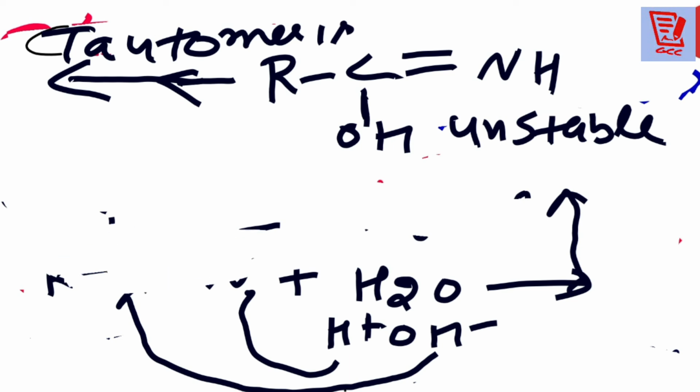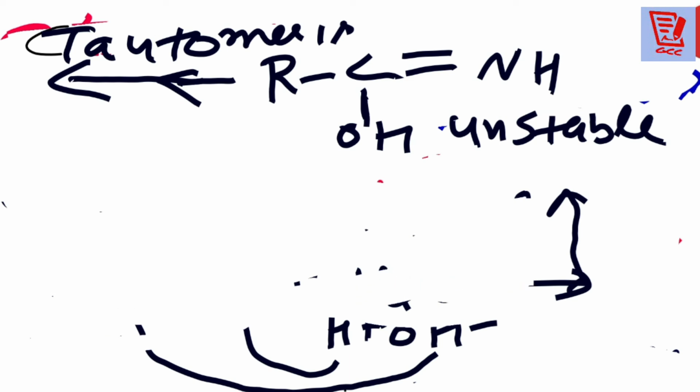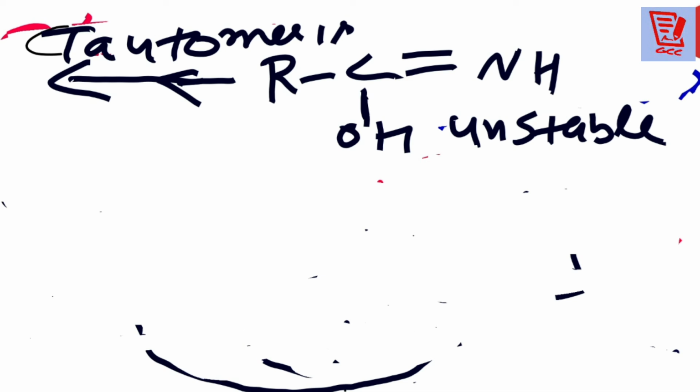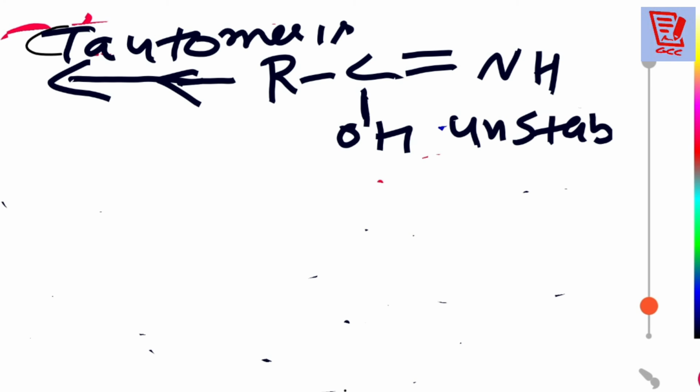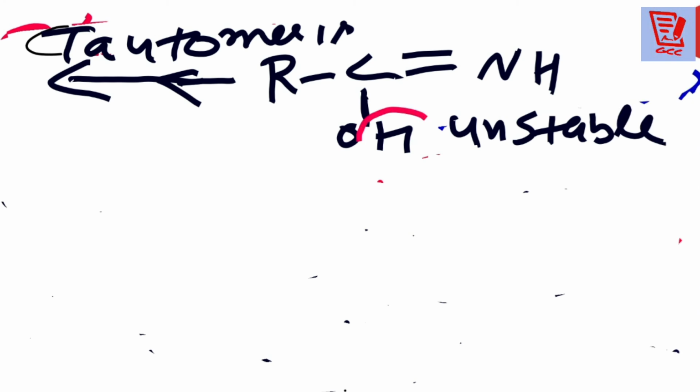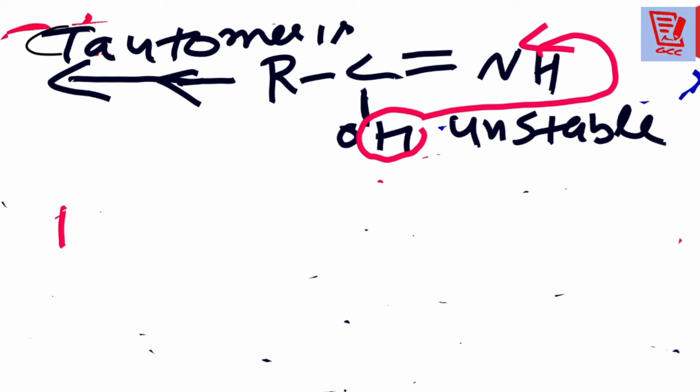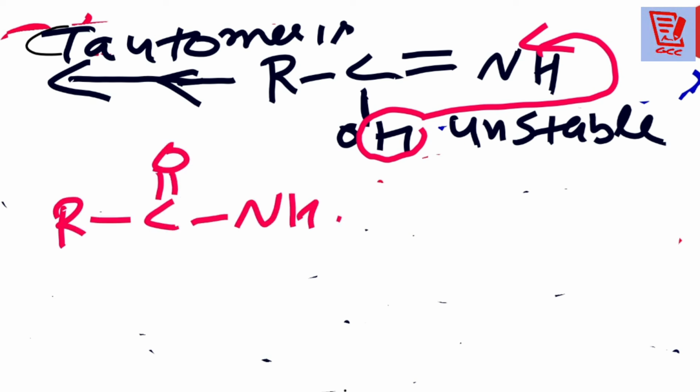In tautomerization we migrate the hydrogen from one polyvalent atom to another atom. So this hydrogen will go here. Then it will become RCONH2. What has been made? An amide. But this is also partial hydrolysis.